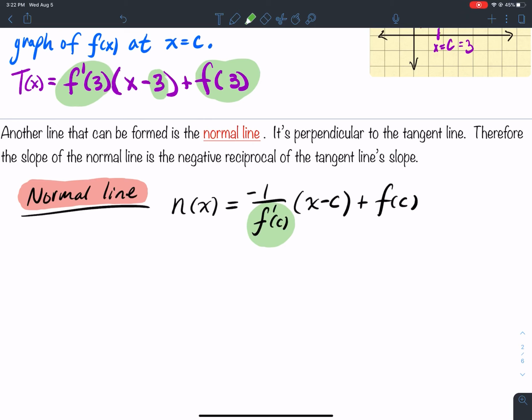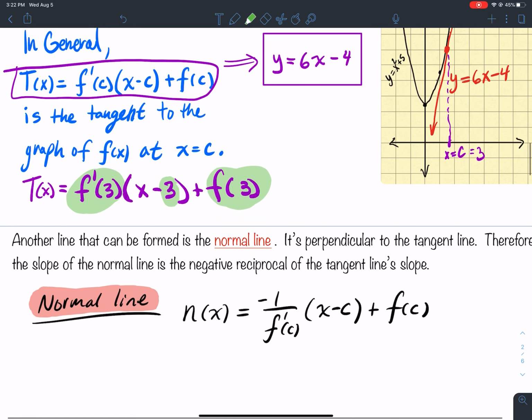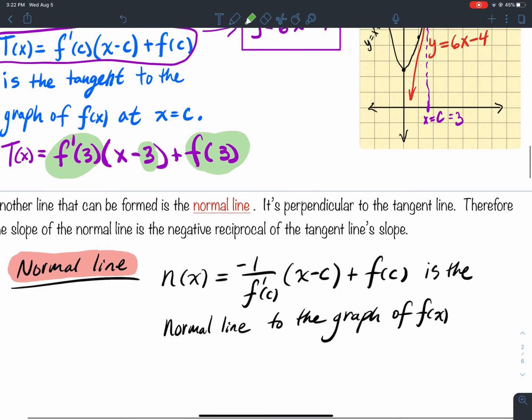And then I do the negative reciprocal, that's where that negative 1 comes into play. And then I multiply by the x minus c and plus the f of c. So literally the only difference between these two equations, the normal and the tangent line, is their slopes, the negative reciprocal of each other. Okay, so this is the graph of the normal line to f of x at the point x equal to c.